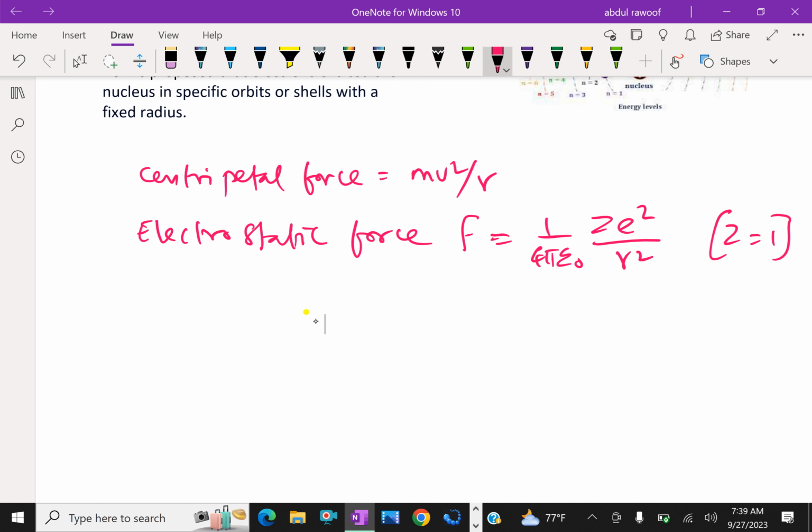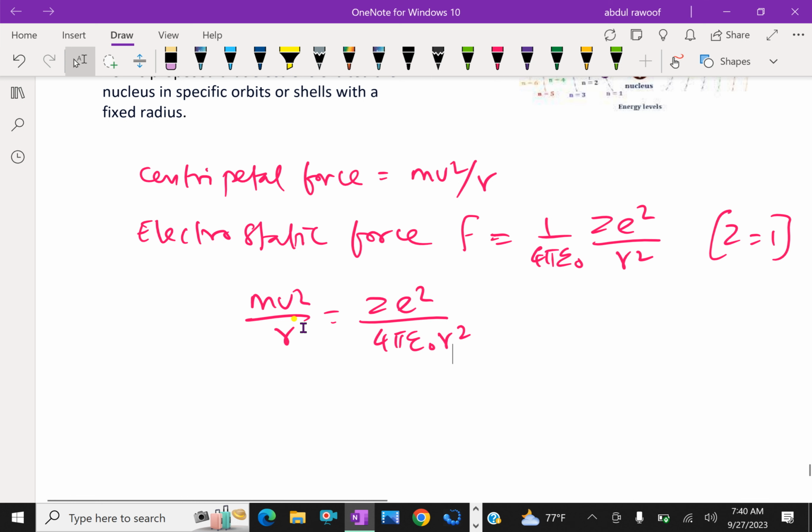Therefore, we can say mv squared by r, that centripetal force, is equal to Z e squared over 4 pi epsilon 0 r squared.